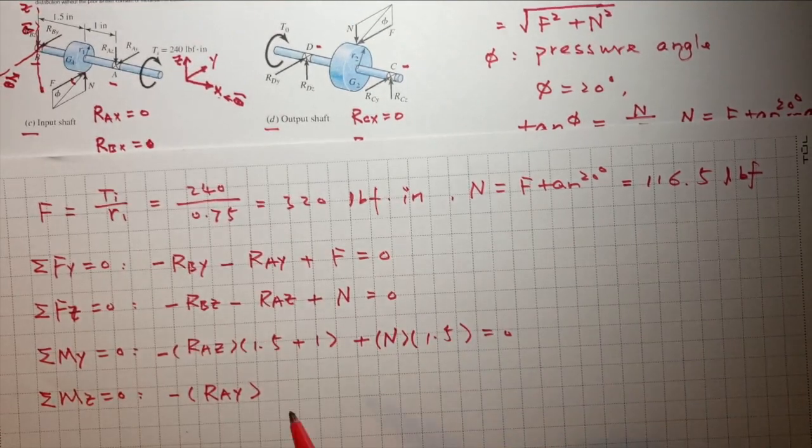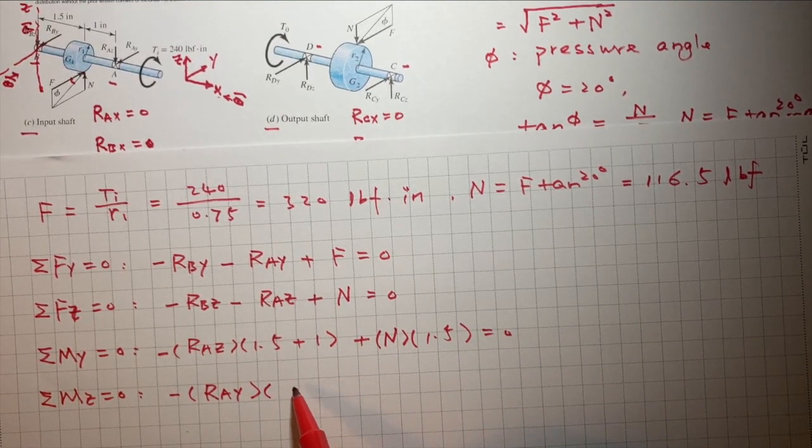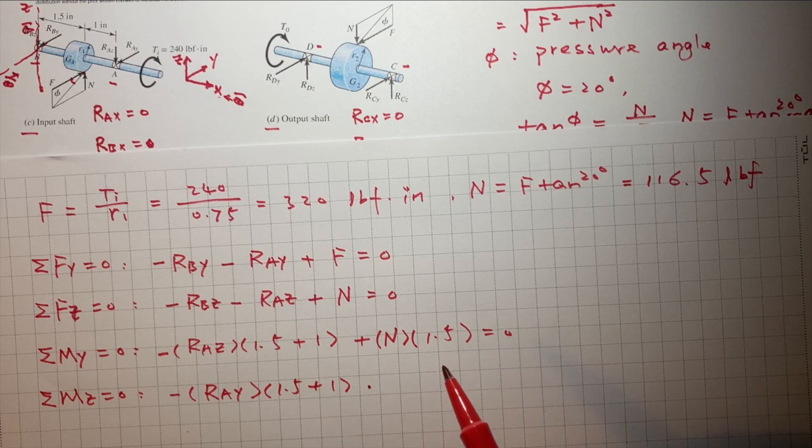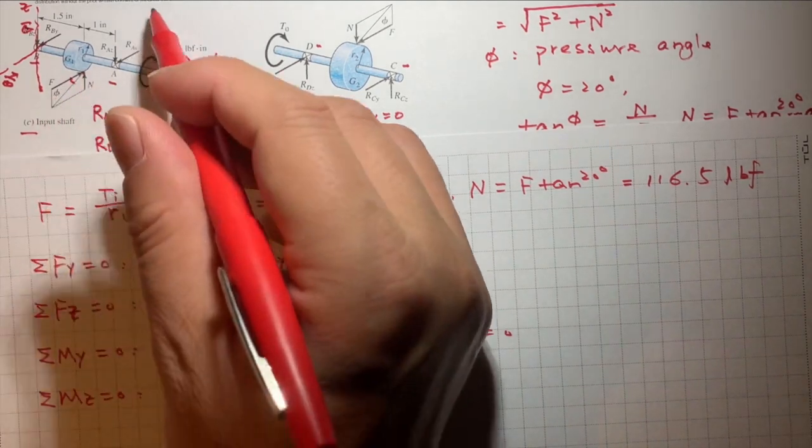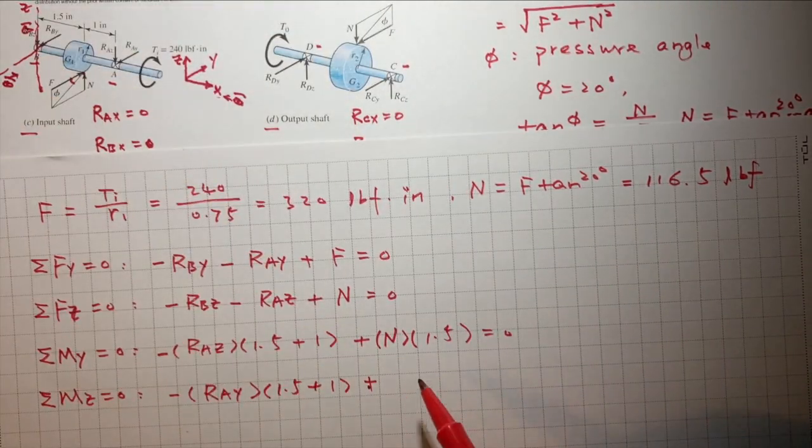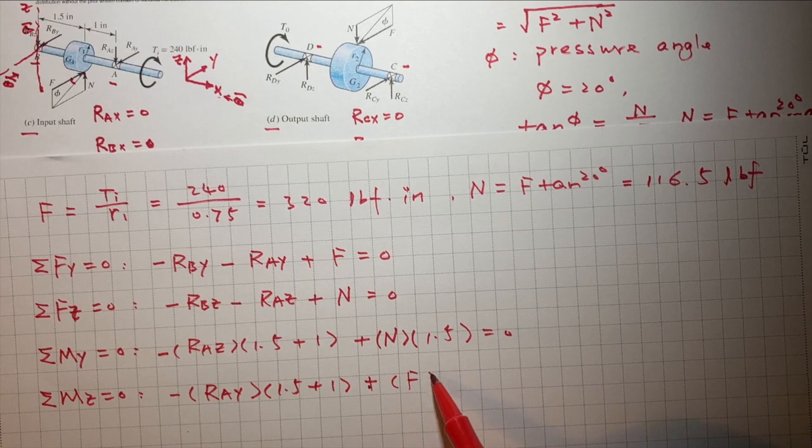And F is going to turn this way, counterclockwise, F times 1.5 equals 0.